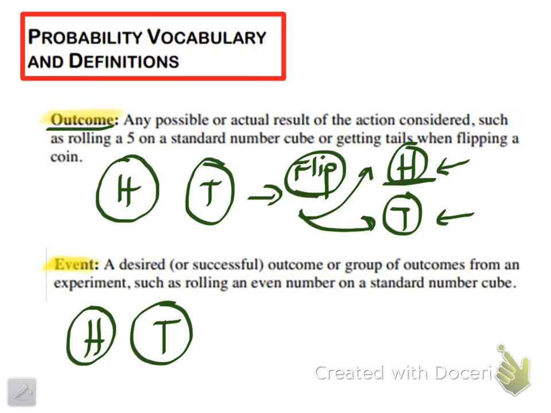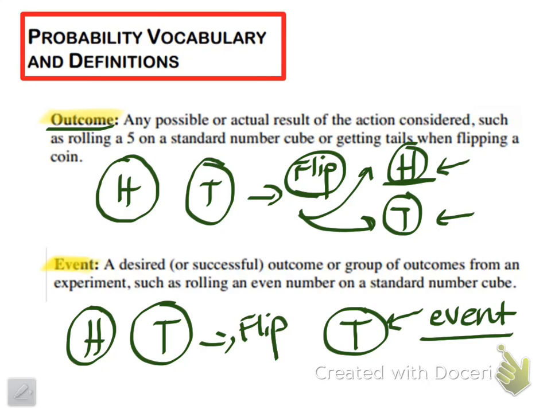Let's say that Billy Bob wants to flip and get tails. If he actually flips the coin and gets tails, then this is an event because it was the desired outcome, the desired or successful outcome of his experiment.